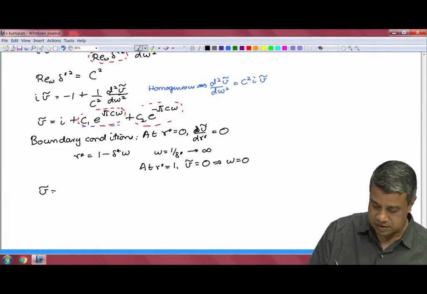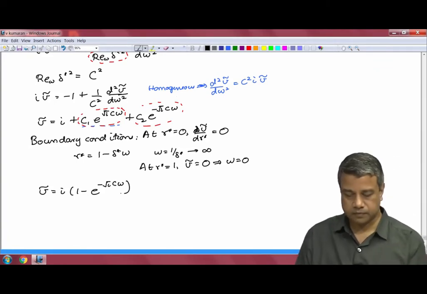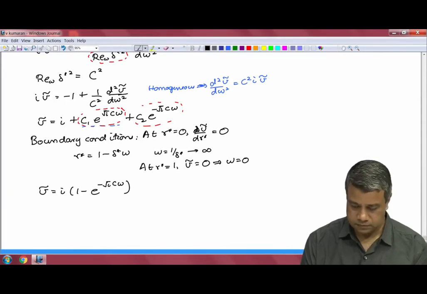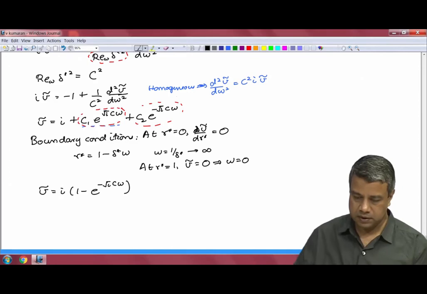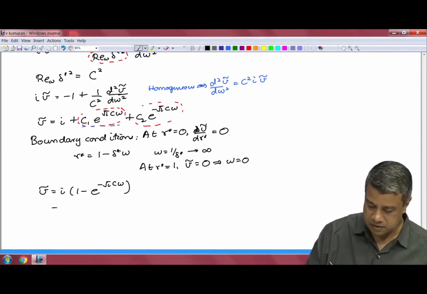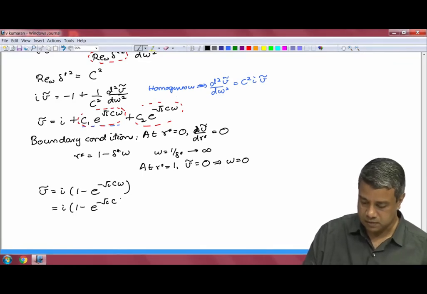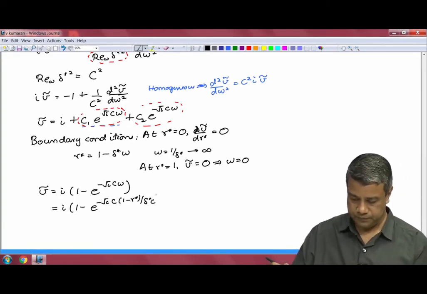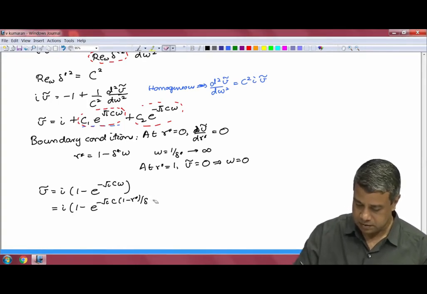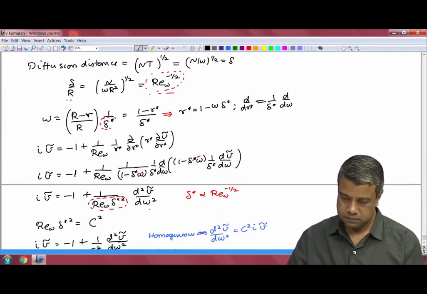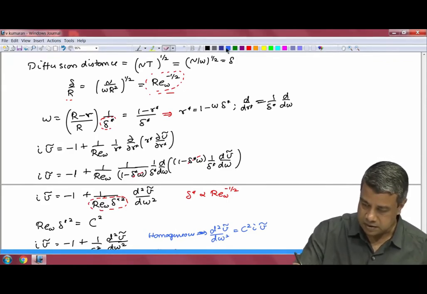With that, I will get the velocity as I into 1 minus e power minus root I C W. I can express this back in terms of the original variables: I into 1 minus e power minus root I C into W. Recall that W was equal to 1 minus r star by delta star.